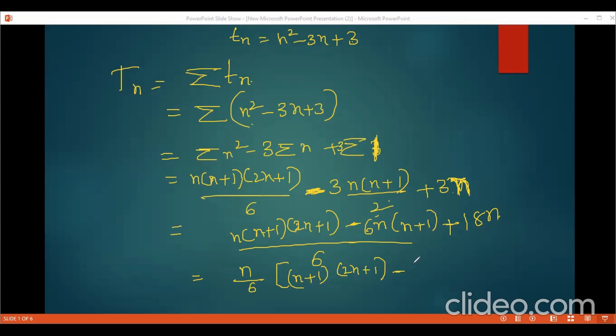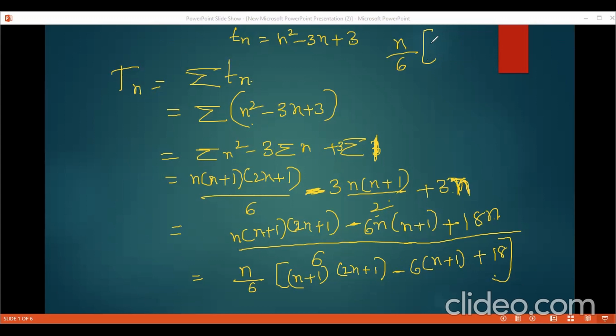N by 6 is common for this total thing. So 2n plus 1, and 6 into (n plus 1) is left here. Here also 18 is left.